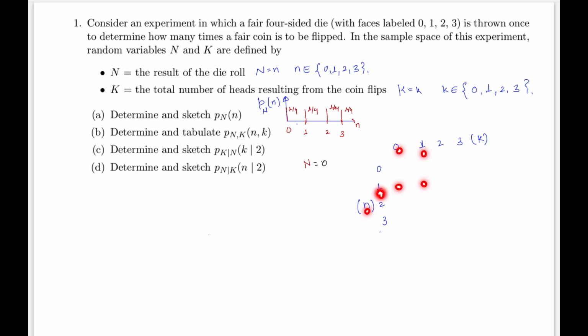Because we are flipping the coin once, there is a possibility that we will get the tail only, so no head, so k will take the value 0, and in that case maybe we will get one head, so k will take the value 1. These will be impossible. If we are flipping the coin once, there is no case that we will get 2 heads, so these will be impossible, right?